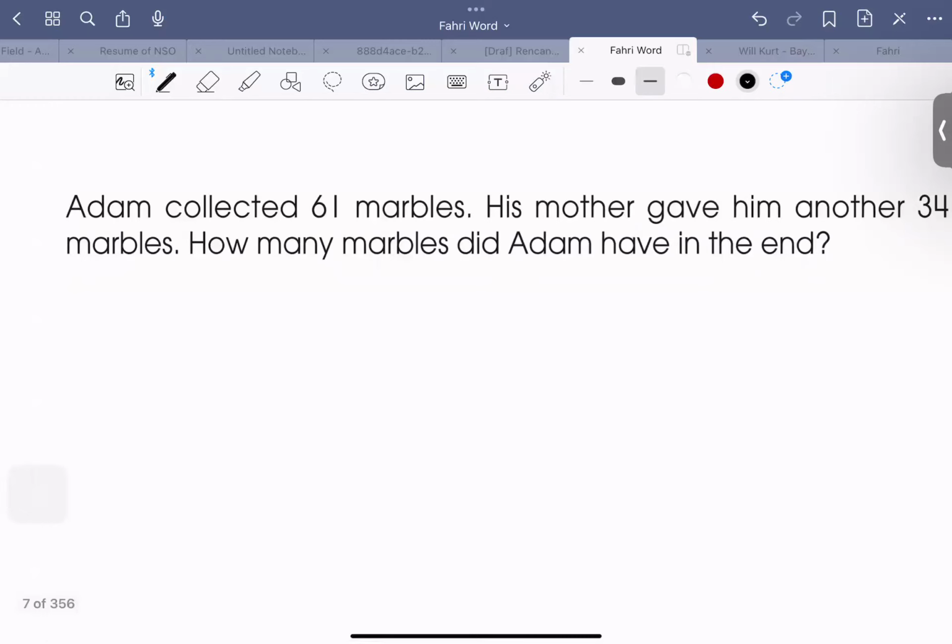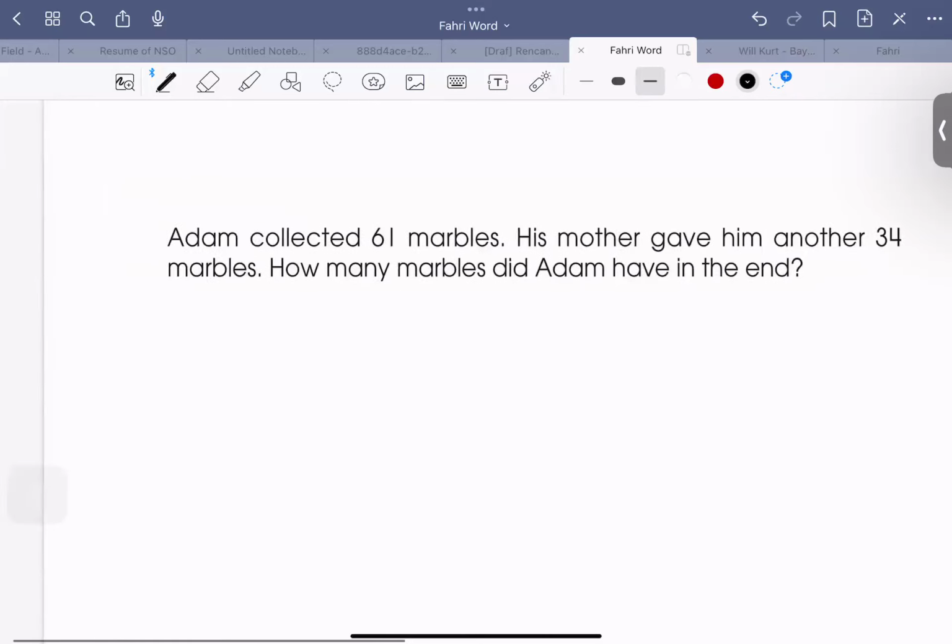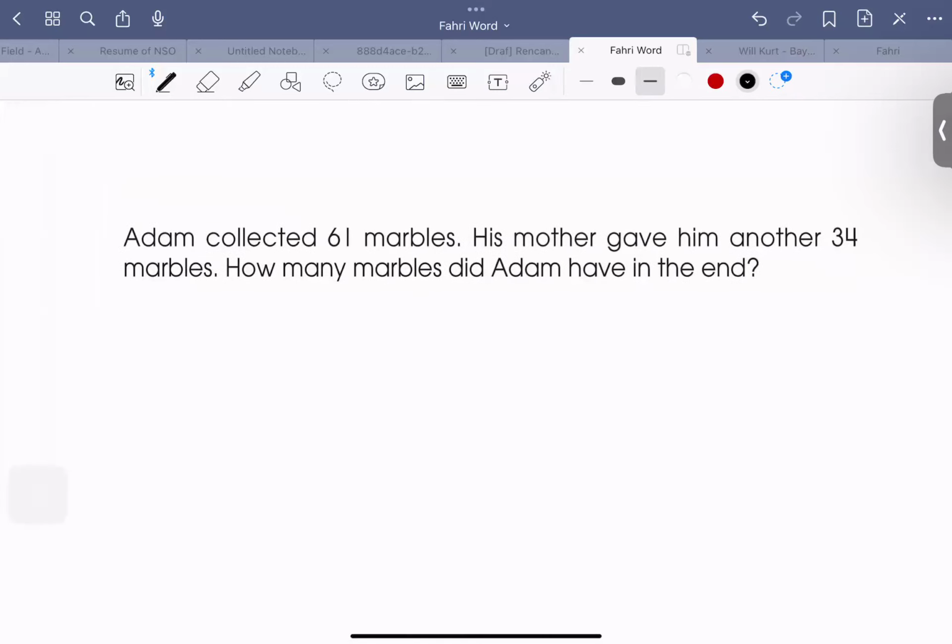Adam collected 61 marbles. His mother gave him another 34 marbles. How many marbles did Adam have in the end? Addition. Cool. So in the beginning, Adam had 61 marbles.